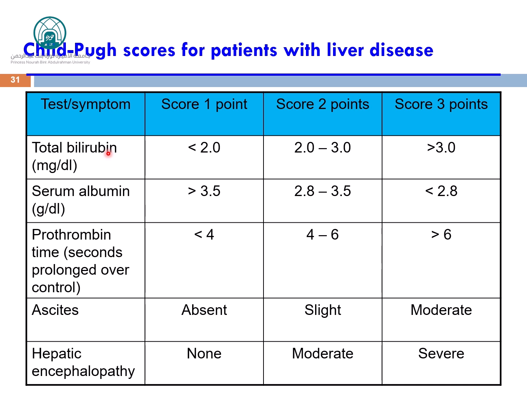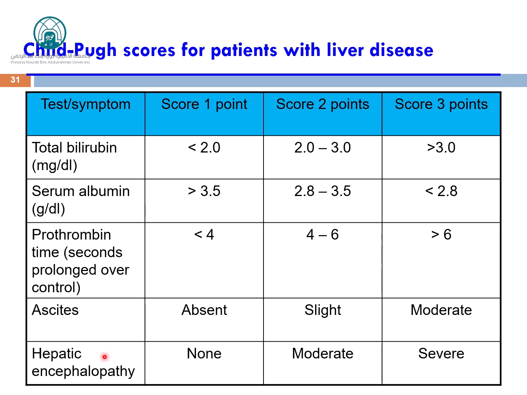Serum albumin as grams per deciliter. Deciliter means 100 milliliters, so it could be bilirubin milligram percent, serum albumin gram percent. Prothrombin time, which is the seconds prolonged over control, is measured in seconds. Then ascites, which is the edema, and hepatic encephalopathy.